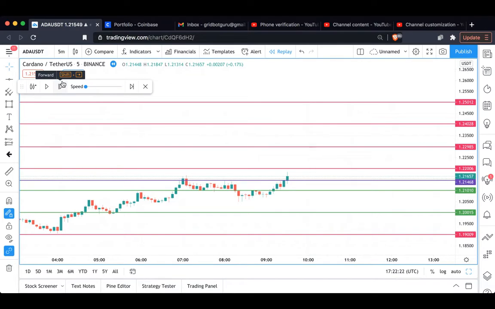So I bought all these tokens at 1.21468, the purple line.